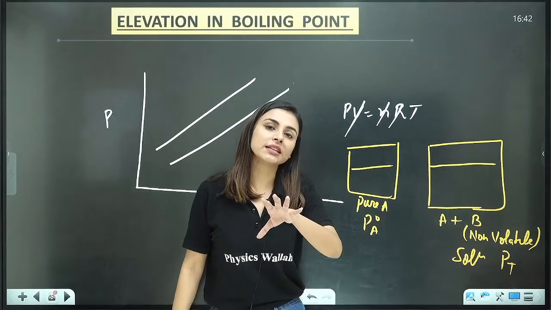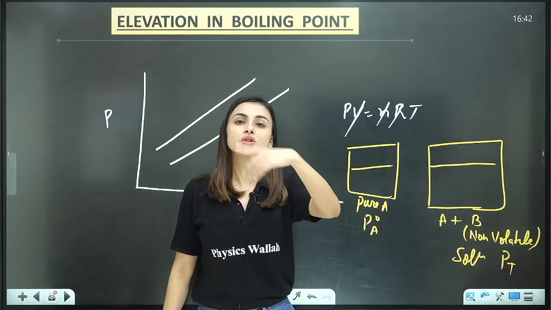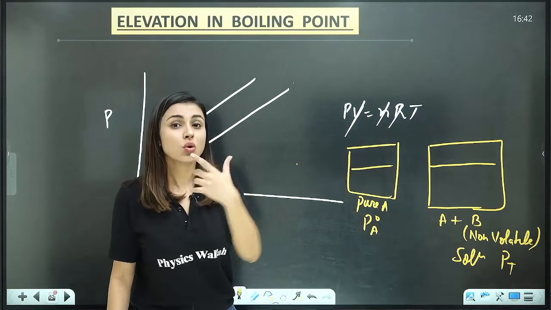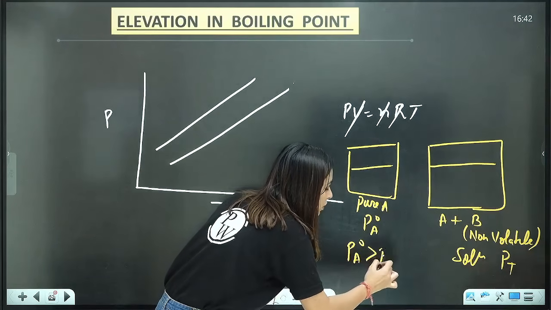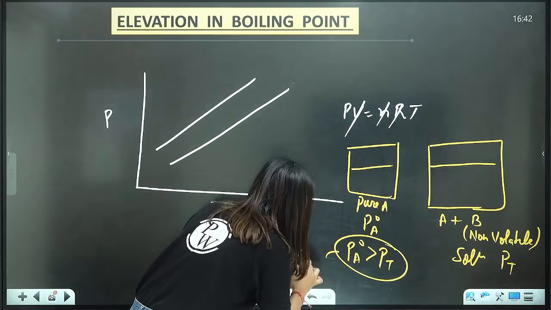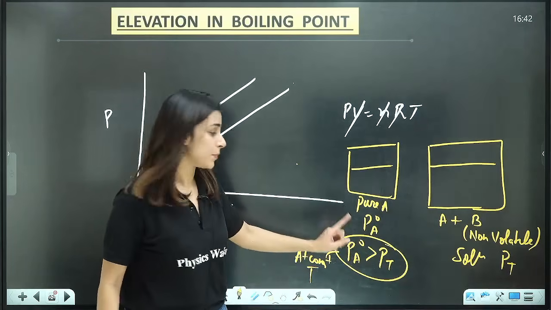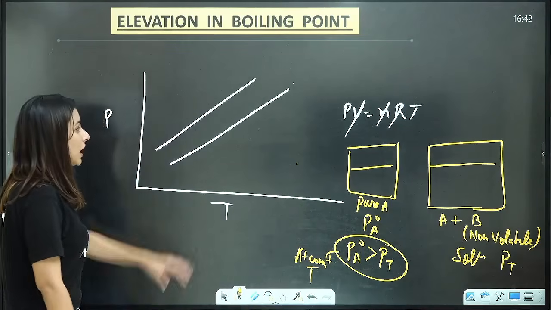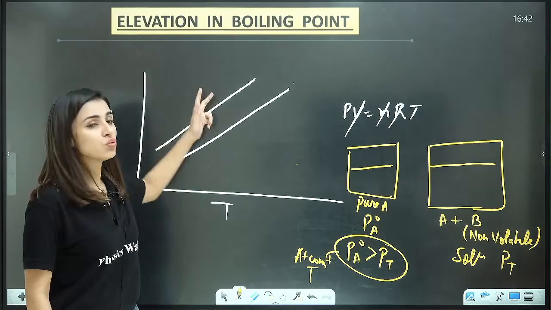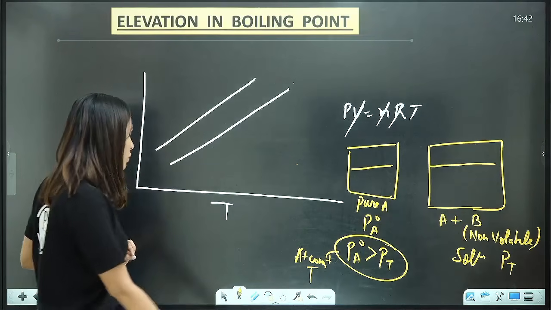Because the non-volatile solute will cover some surface and will hinder the formation of vapor from A. So I can say that PA naught will always be more than P total at constant temperature. I have to find which of these two lines is the pressure of the solution and which is the pressure of the solvent. So what will I do?